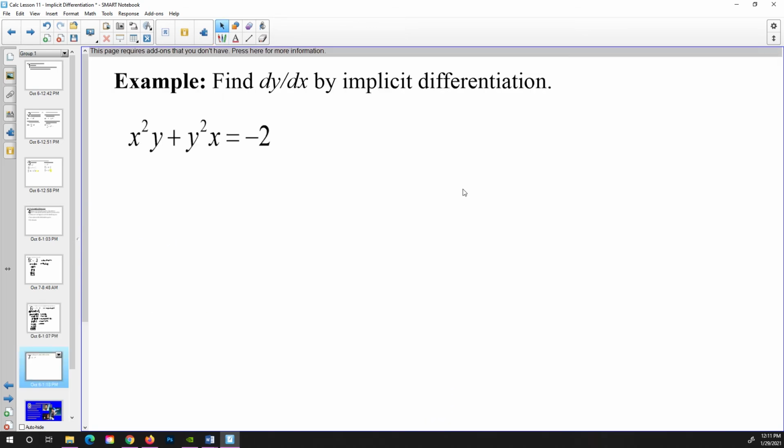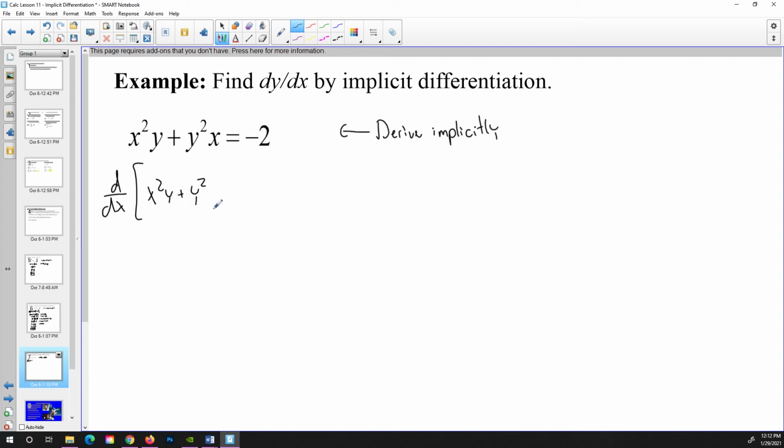Our final example: find dy over dx by implicit differentiation. So here we're going to derive implicitly. So d over dx of x squared y plus y squared x equal to negative 2.